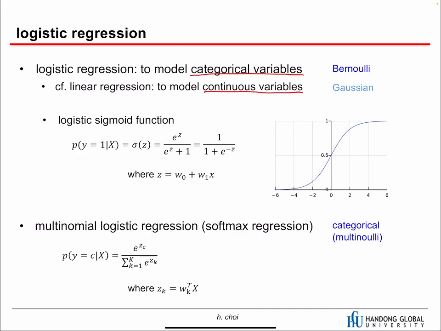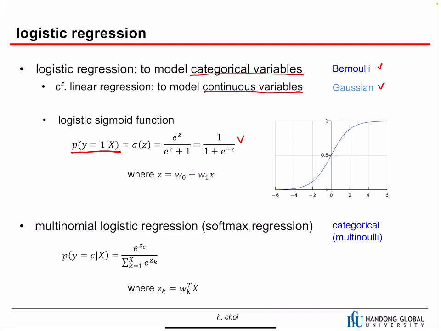So implicitly, we assume that the continuous variable is Gaussian in the linear regression, but in the logistic regression, the output is Bernoulli distribution. And for logistic regression, we have a sigmoid function, which can be defined in this way. So as I said, we are interested in the probability of the output.